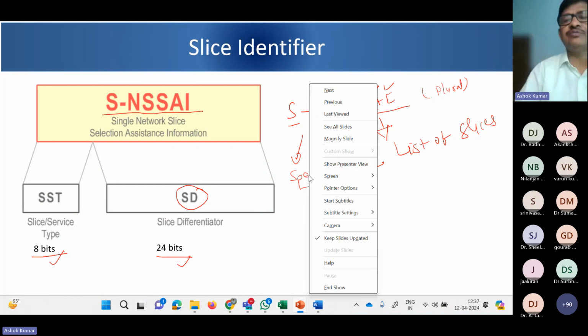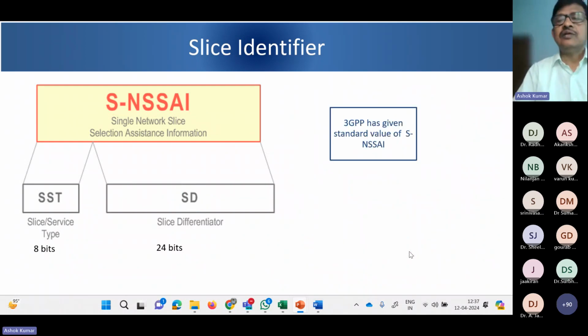Okay, let me remove the ink before I proceed. There are certain standard values of these. If you read the 3GPP specification, up till release 17, they have already released 5 types of different slices.